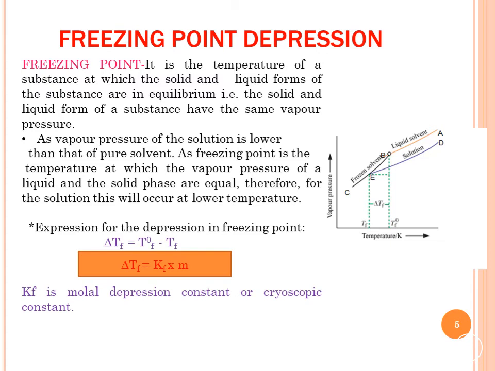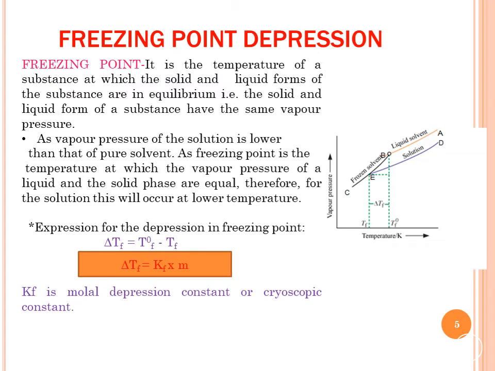This curve AP represents the liquid solvent. Now on decreasing the temperature, or we can say on cooling, the vapor pressure of the liquid solvent decreases along the curve AB.